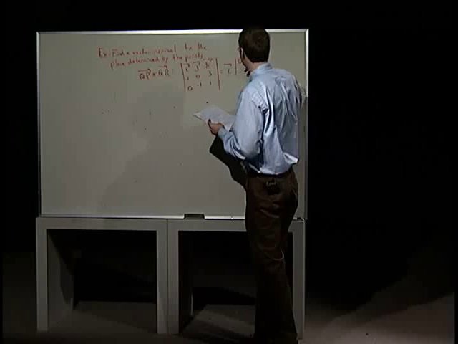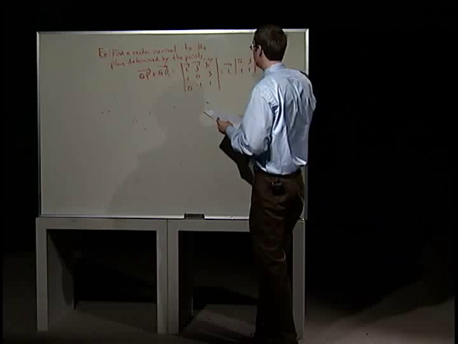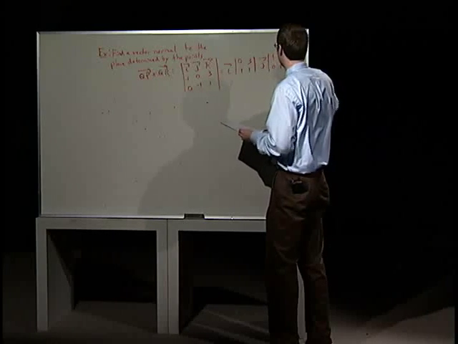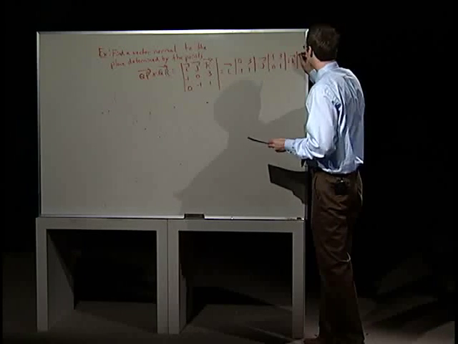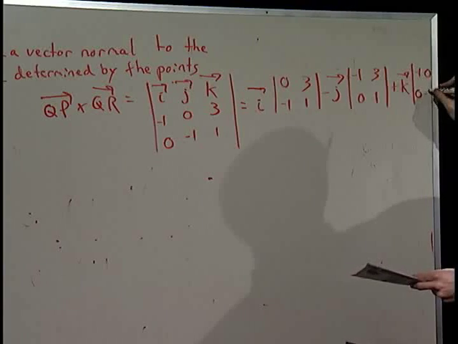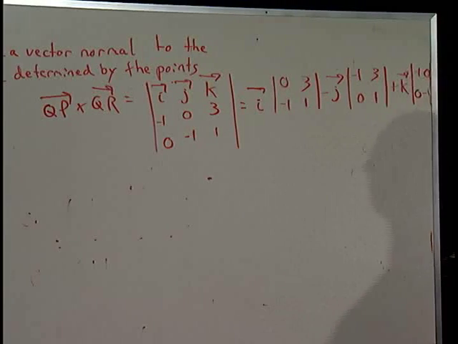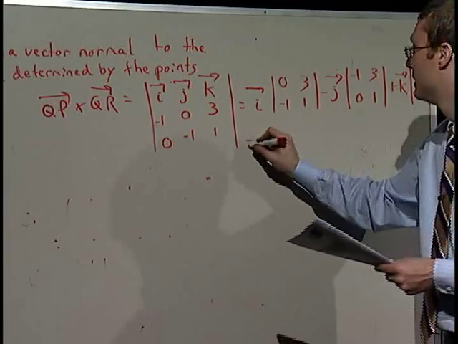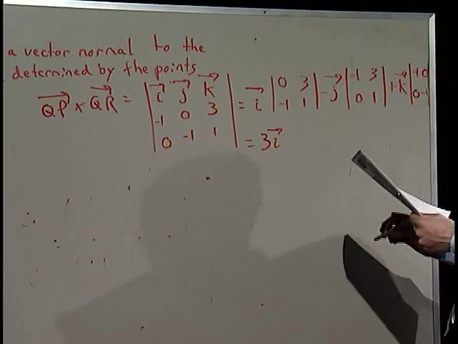Set up our matrices: 0, 3, negative 1, 1, minus j, negative 1, 3, 0, and 1, and plus k, and then that's negative 1, 0, 0, and negative 1, sort of squished over there, but that works. So there's your determinant equation, and if you go through all that, you get 3i, and what have I got here?